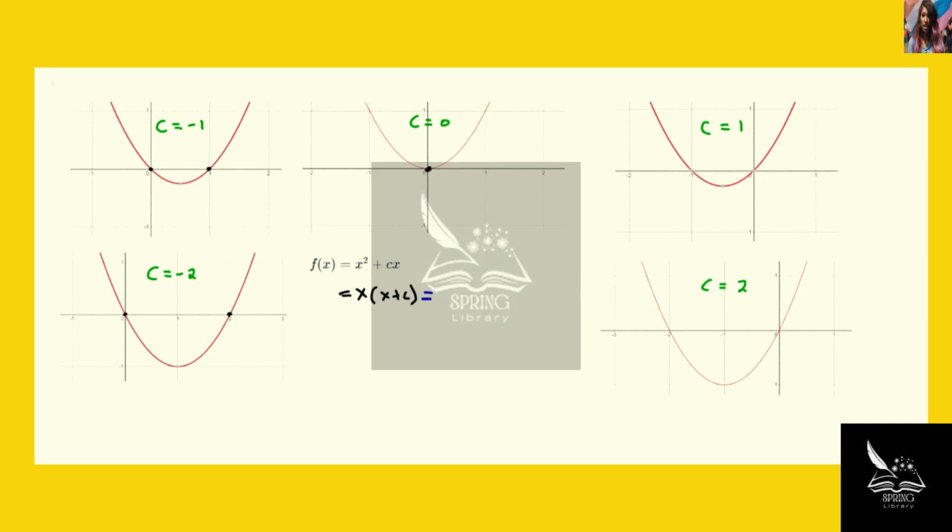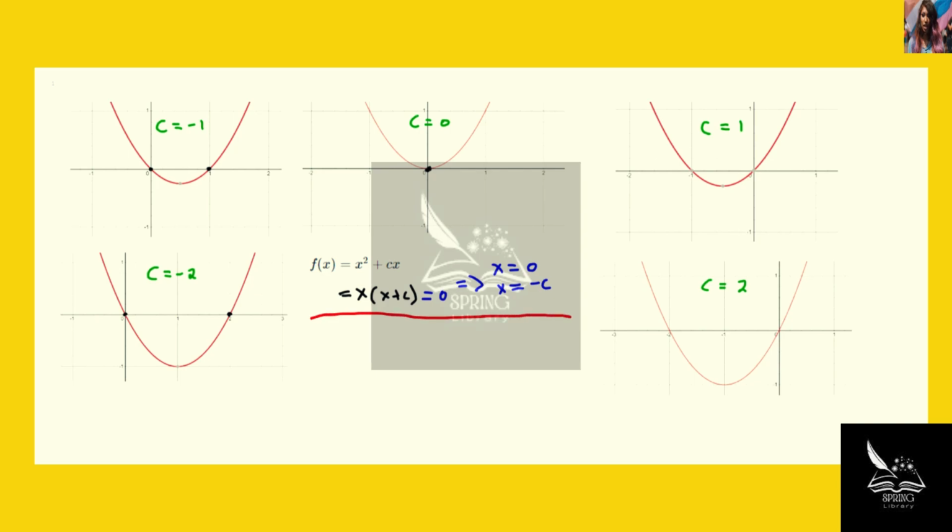If we set this equal to 0, that's going to imply that either x = 0 or x = -c, just using the zero product property. So we know that no matter what, we will always have an x-intercept at 0, and for whatever value we choose for c, the negative of that will be our other x-intercept. All right, so that gives us a little bit of information.